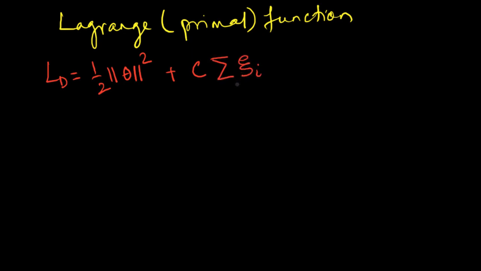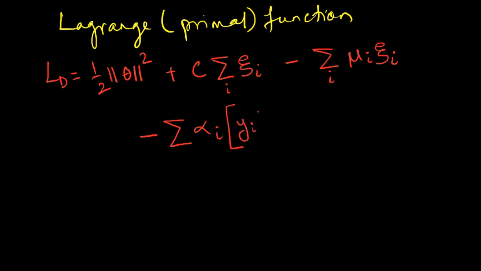So this is to keep the xi i summation in check, minus summation mu i xi i. So this is to ensure that all individual xi i's are positive. And then our most important condition, which is minus summation alpha i into (yi (theta 0 plus theta transpose xi) minus 1 plus xi i).